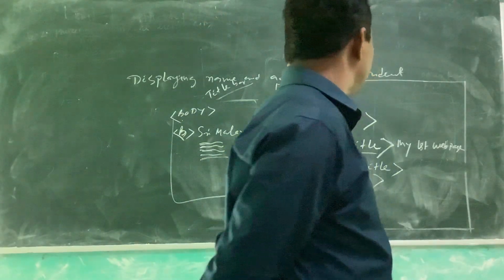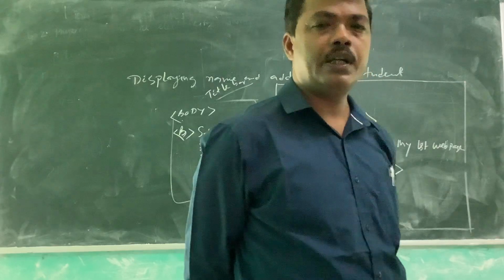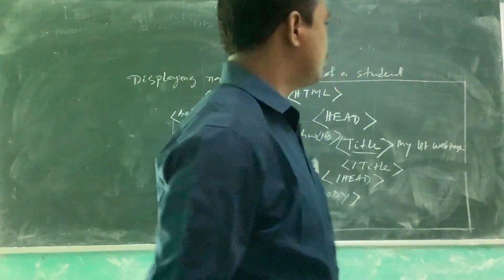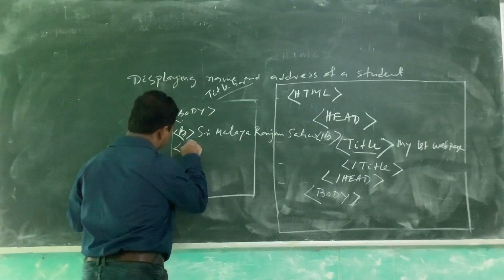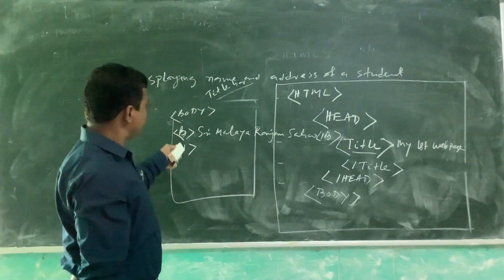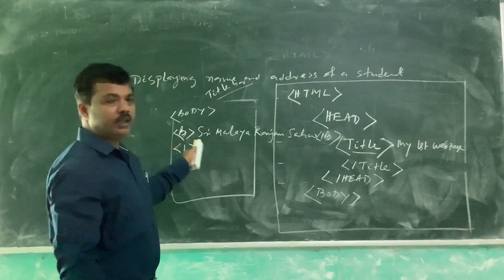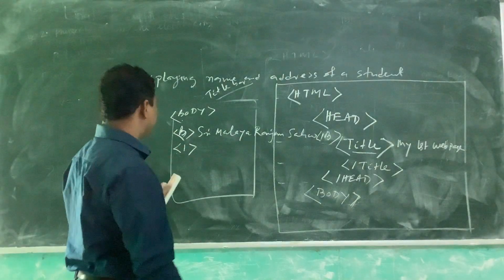In which format? In italic format. So type the tag I. Here see, each tag is written between angle brackets.